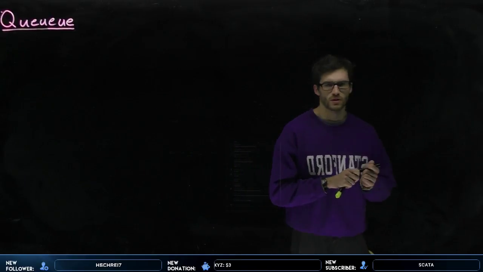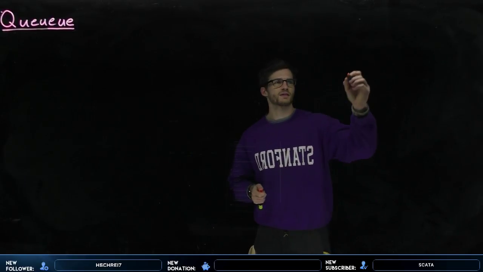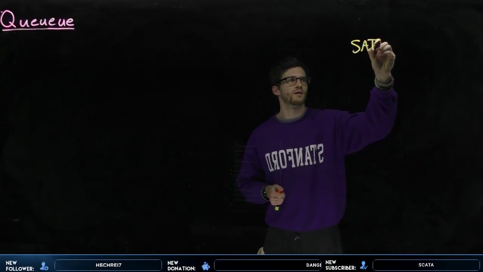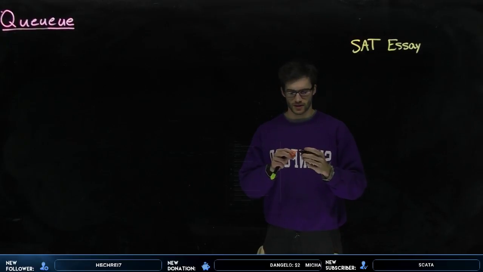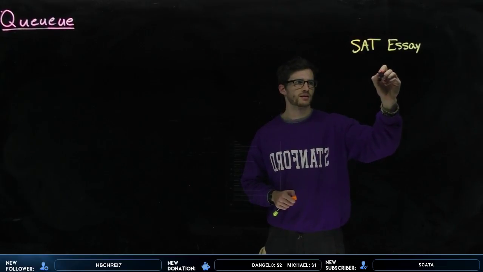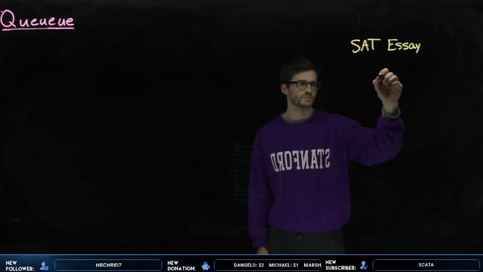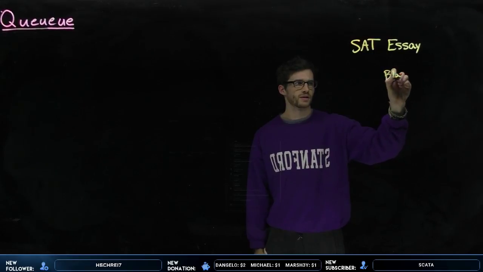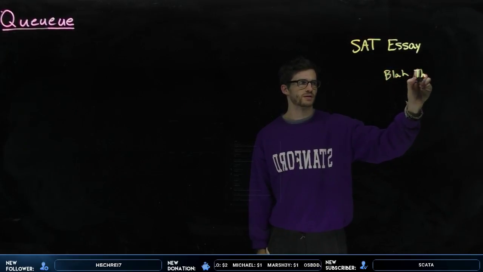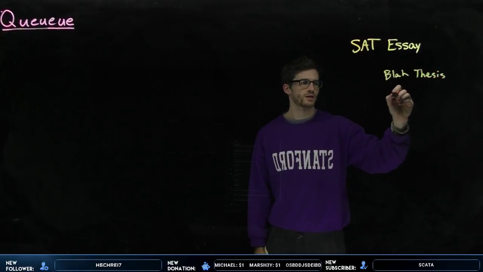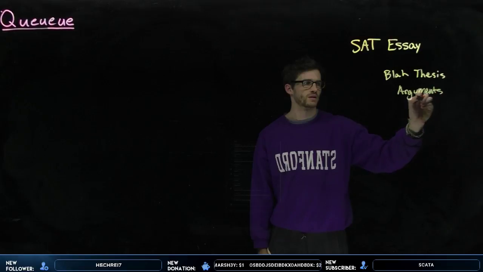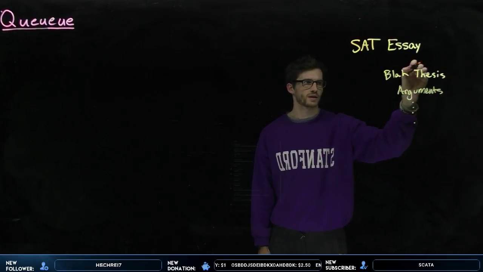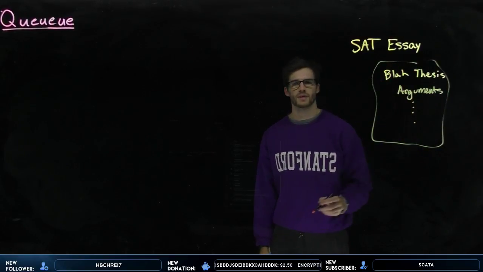Okay, so this SAT essay. They give you an essay, right? So it's somebody else's essay, and they have their little thesis, maybe. And then they have their arguments. And then that's their little essay.